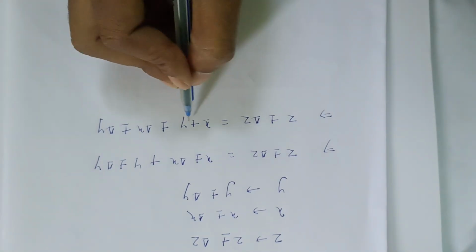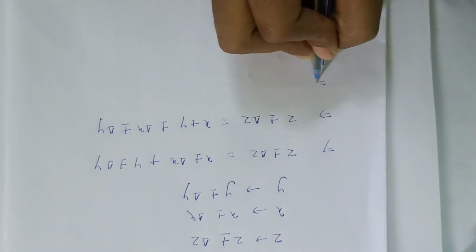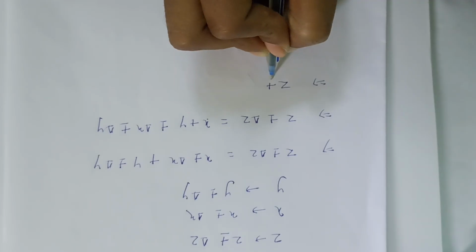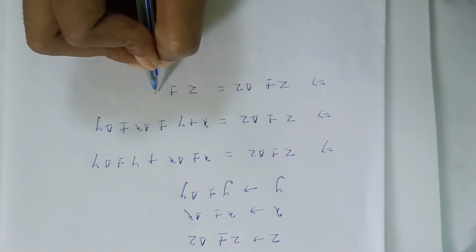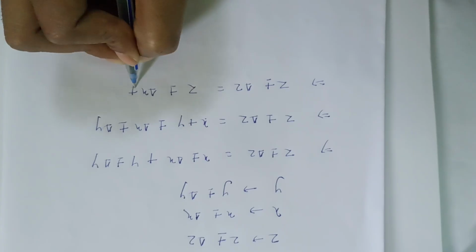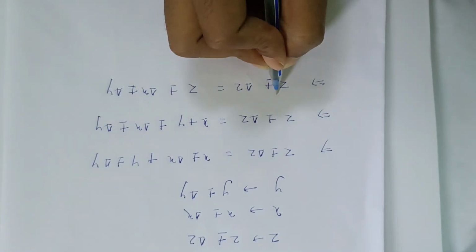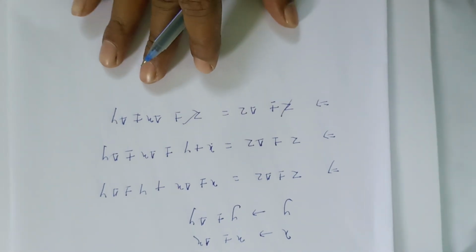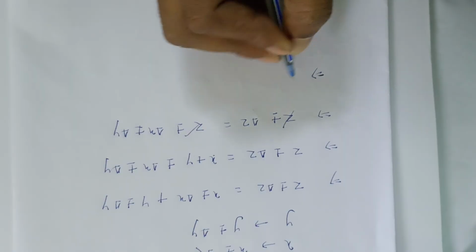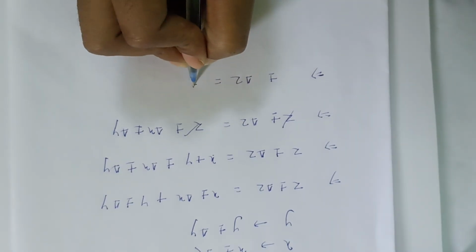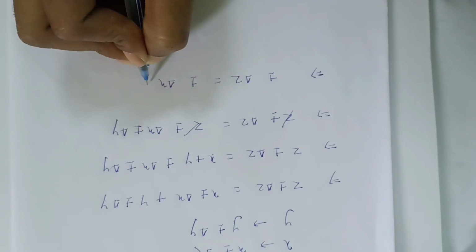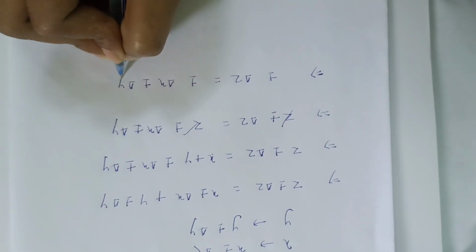We can write x plus y equal to z. So z plus minus del z equal to z plus minus del x plus minus del y. Z cancels. So plus minus del z equal to plus minus del x plus minus del y.